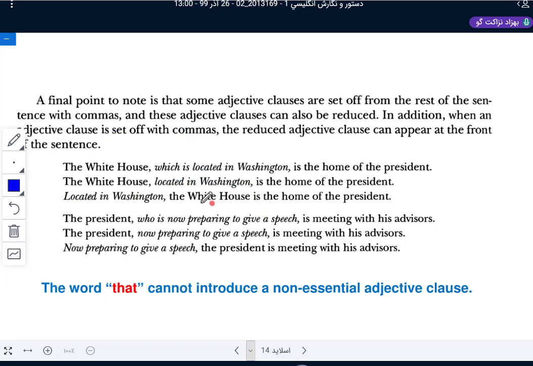But if we say the White House, I don't know, for example, the White House cat is located in Washington, D.C., I don't know whatsoever.